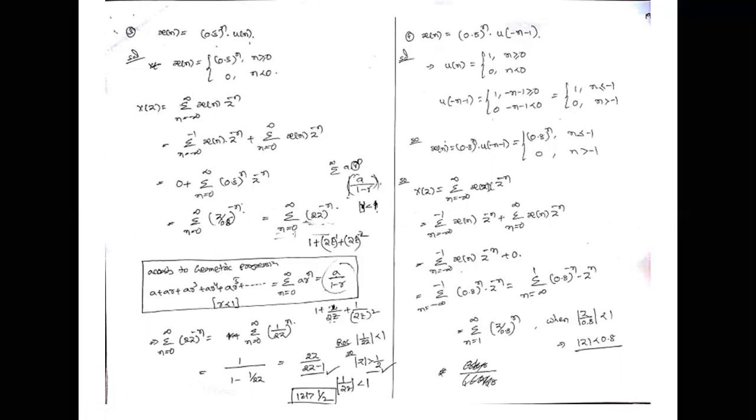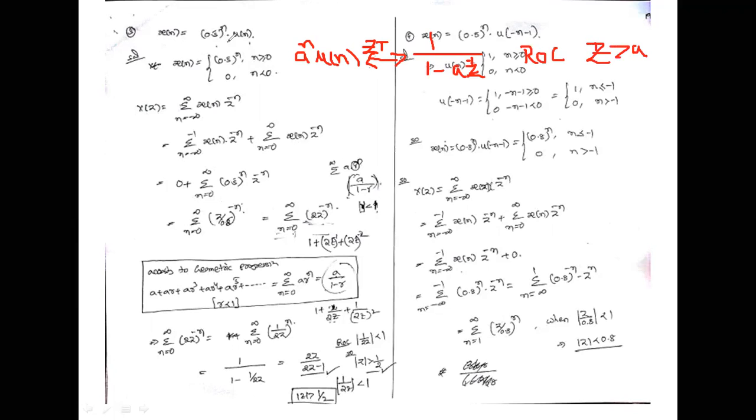We already know that for a power n mu of n, the z transformation is a standard one: 1 by 1 minus a z inverse, with ROC, the region of convergence, z greater than a. What is the a here? It is 0.5.